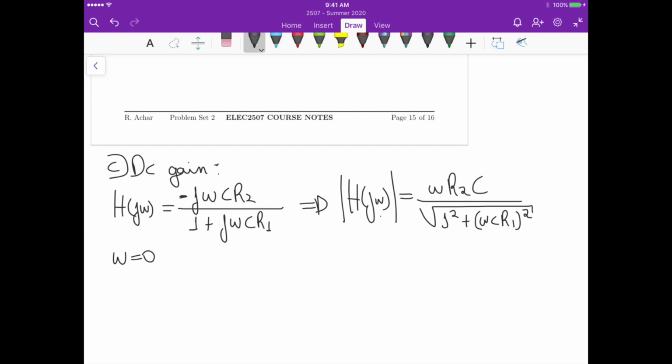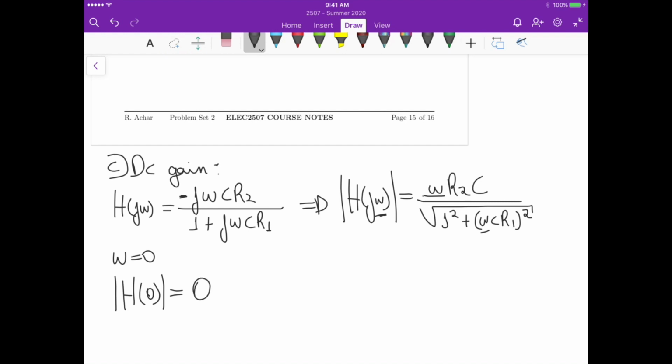So if we substitute omega here, here, and there by 0, this gives us that our gain at DC, because we have omega on the numerator, the magnitude of H of 0, is equal to 0, right?